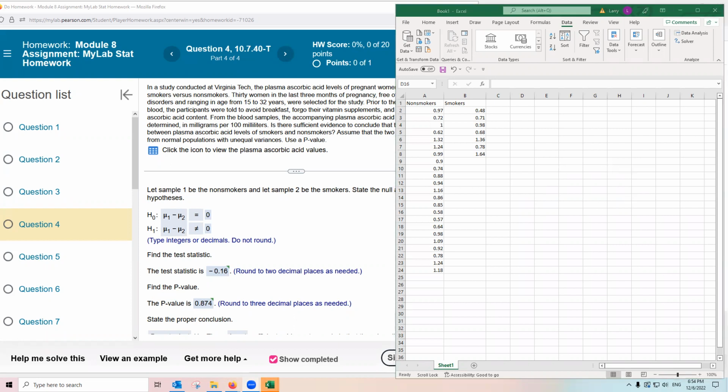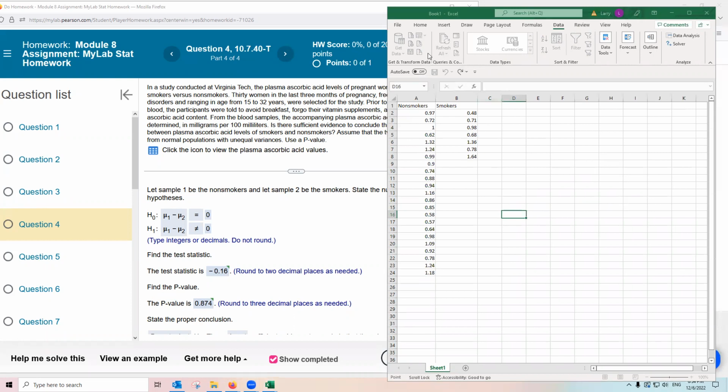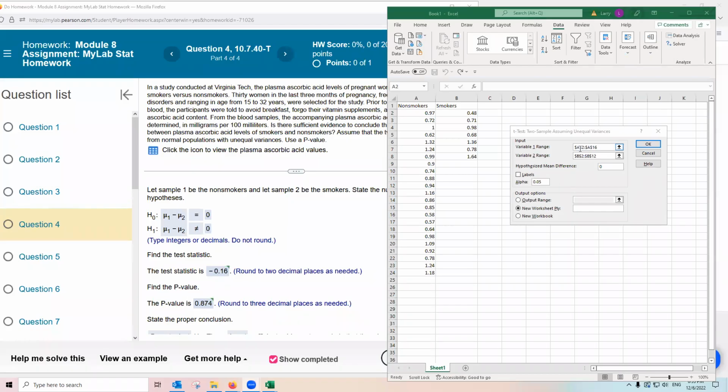All right, when I do that, let me get the dialog box here. All right, so here's the dialog box that pops up. Now, what you have to do is tell Excel where the first column of data is. That's what they mean when they say variable one range. And then you have to tell Excel where the second column of data is.